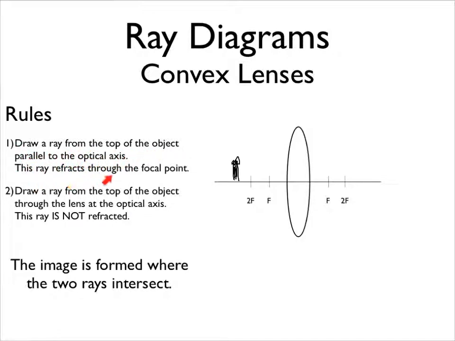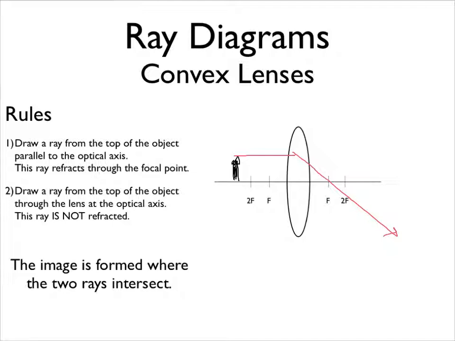This ray refracts through the focal point. And really, it's the same rule that we saw for concave lenses. It's parallel to the optical axis, and then it's going to refract through the focal point, and that's this F. And so it's going to get bent this way.